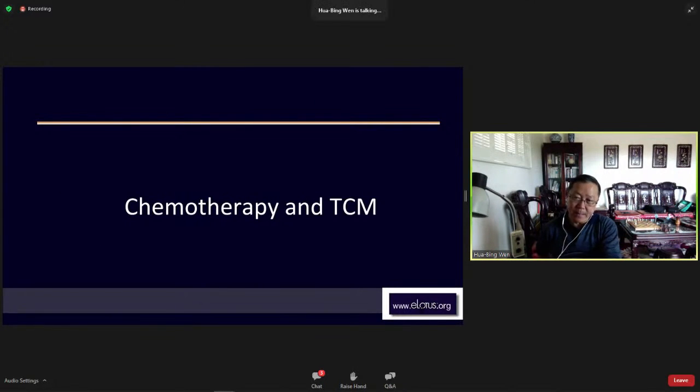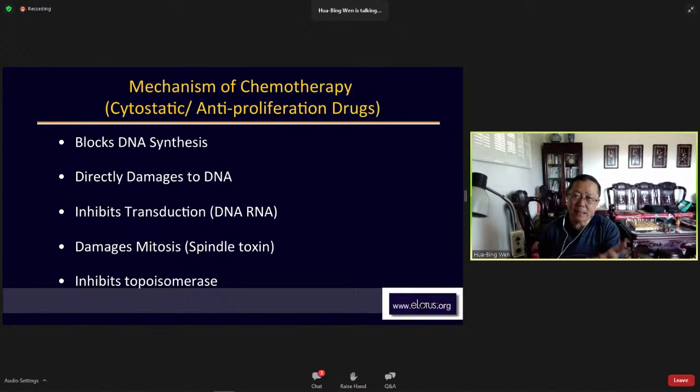So chemotherapy and TCM, that's what we are talking about. This is just a little example of what chemotherapy can do. What is the DNA in TCM language? Essence. So if you damage the DNA, you damage the essence, the kidney essence.